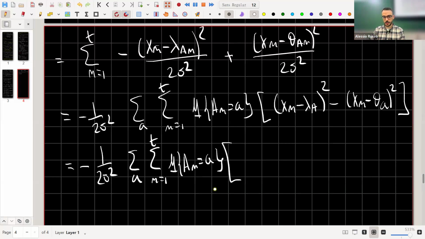So we simply write explicitly the square. So here we have xn squared, but it will cancel out with this other xn squared. We have lambda a squared minus theta a squared minus 2 lambda a xn plus 2 theta a xn.